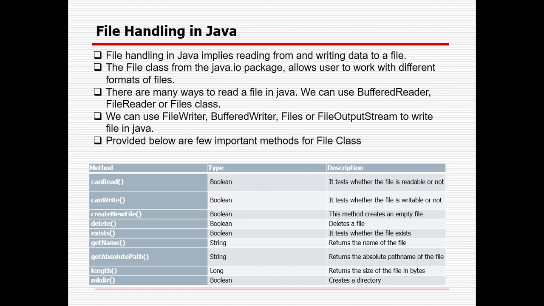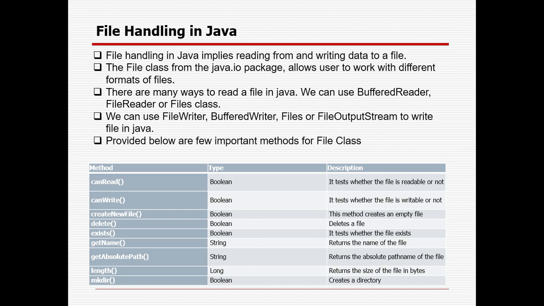So file handling in Java implies reading from and writing data to a file. The java.io package provides all the important classes, and definitely in every class there will be some methods available through which we can read and write the data for handling the files and folder structure.